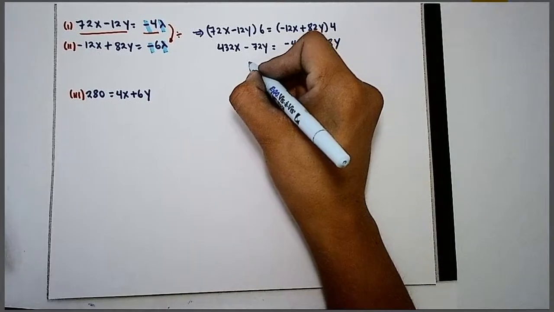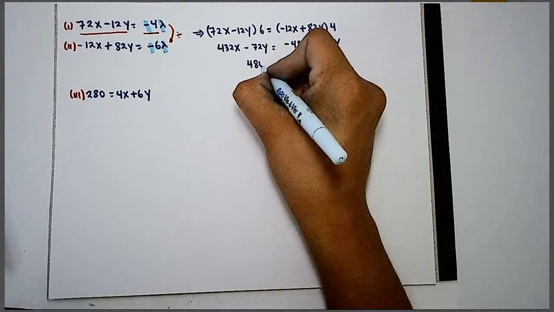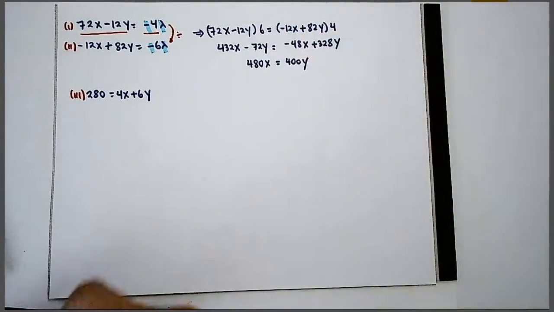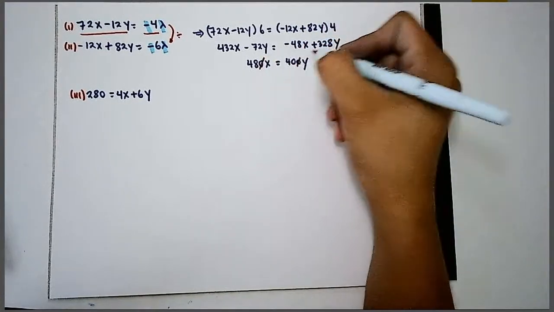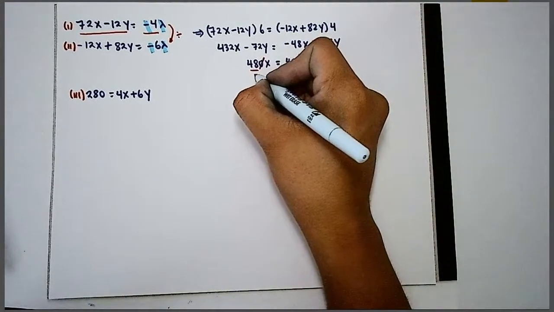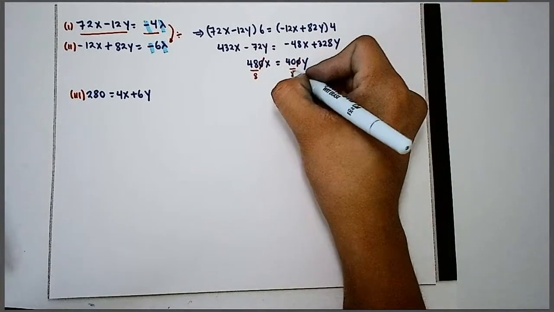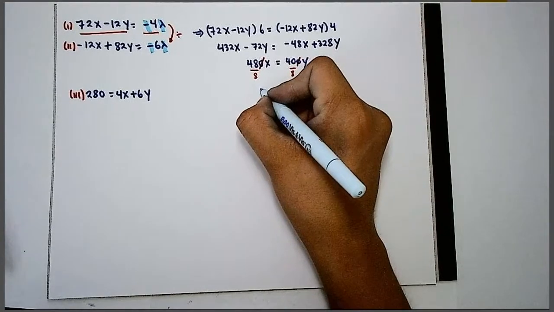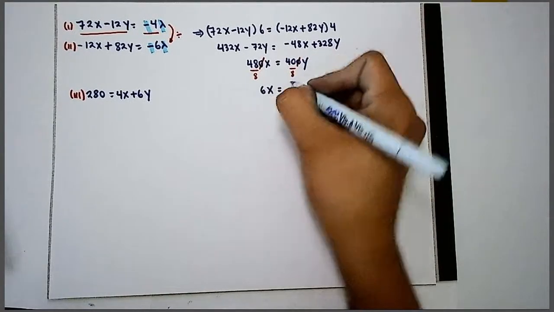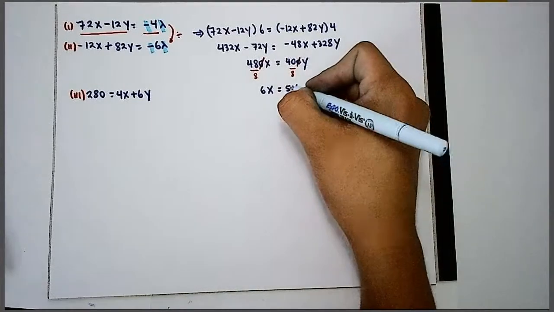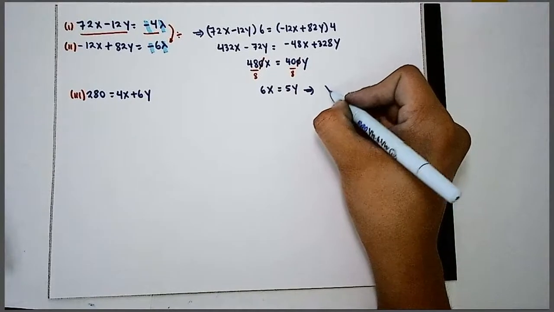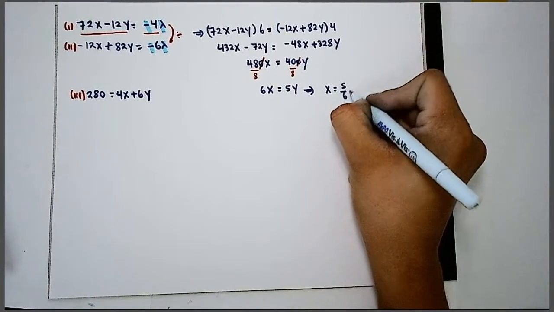So this is 480x equals 400y. First we can cancel one 0, and then let's divide everything by 8. So from here, you can see that 6x is equal to 5y, or x is equal to 5 over 6 times y.